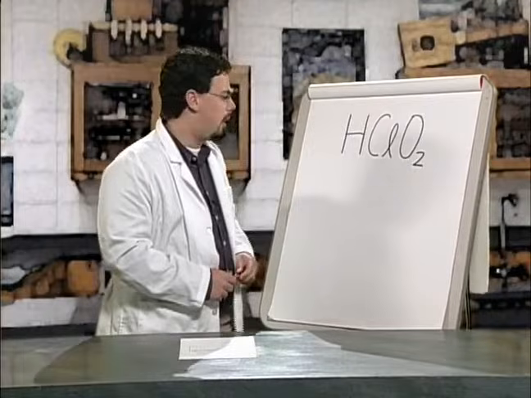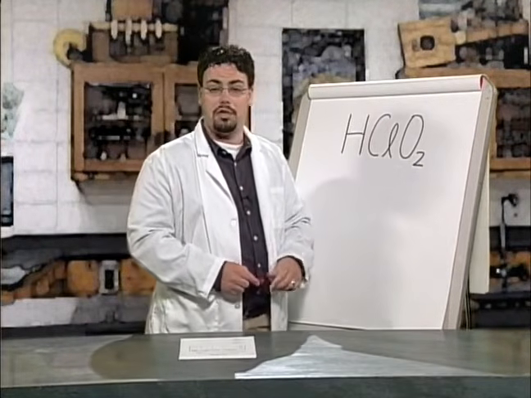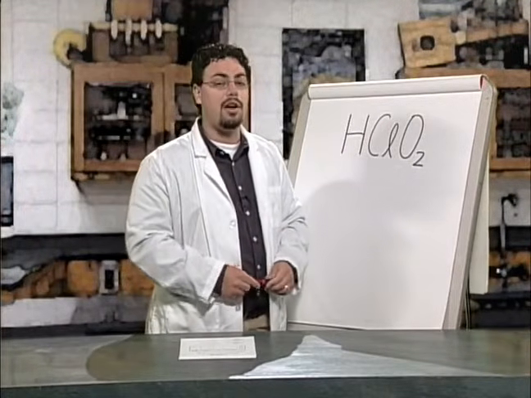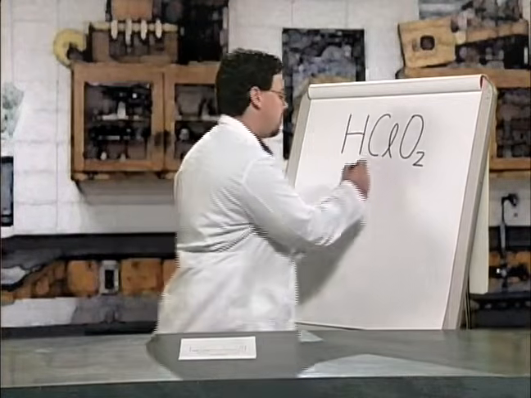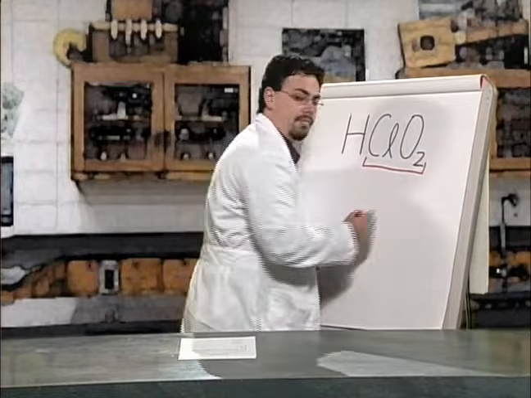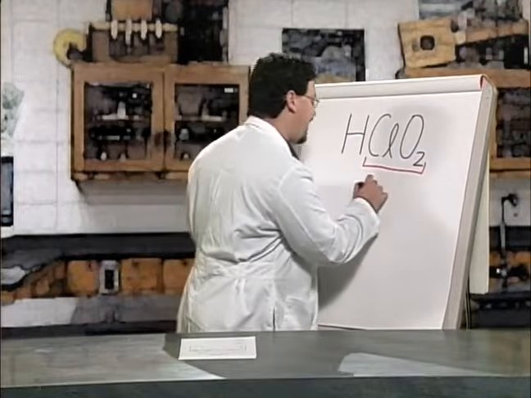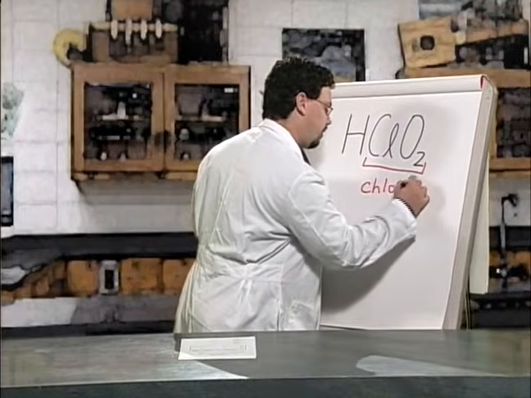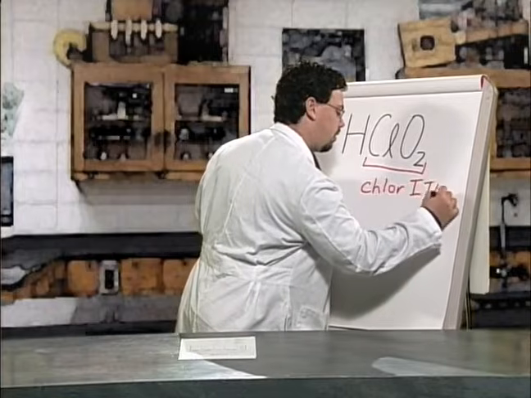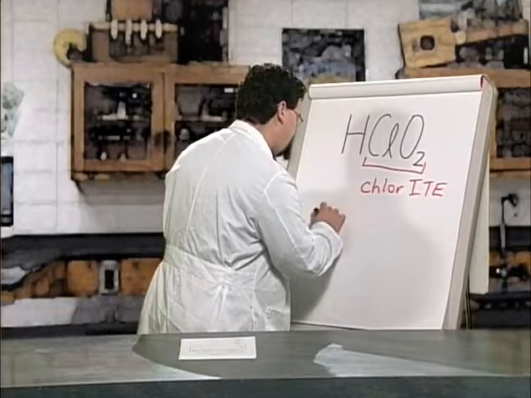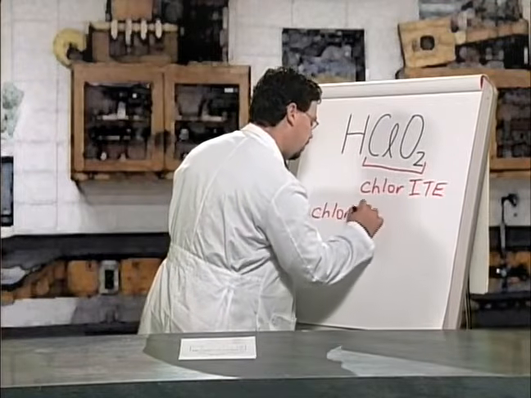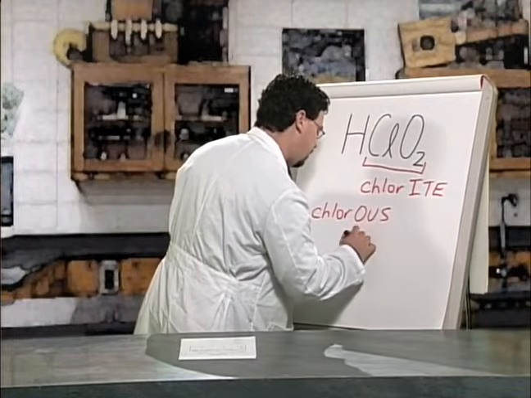Let's figure out the name of HClO2. Since it's ternary, we look on our charge chart and see that the ClO2 ion is the chlorite ion. That means that this acid will be chlorous acid.